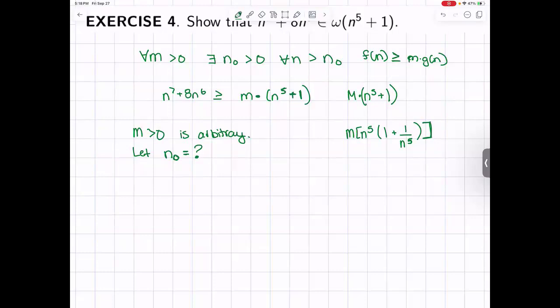On the other side, with that n to the 7 plus 8n to the 6, we know already that n to the 5 is going to be less than that for all of these values. So what can we do with this 1 over n to the 5 to help us?